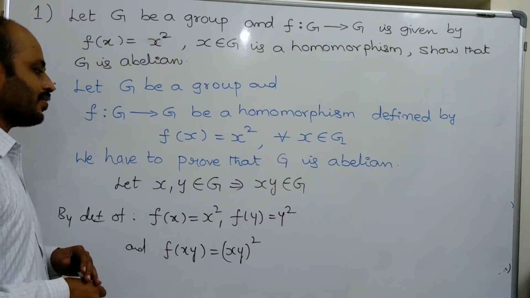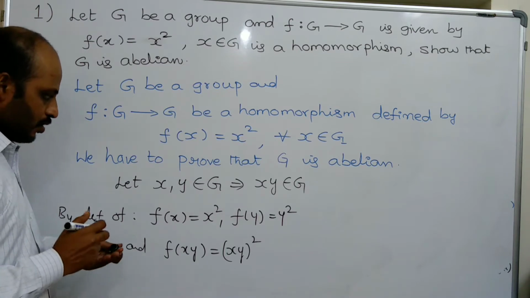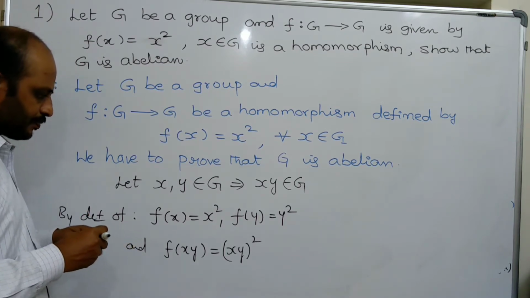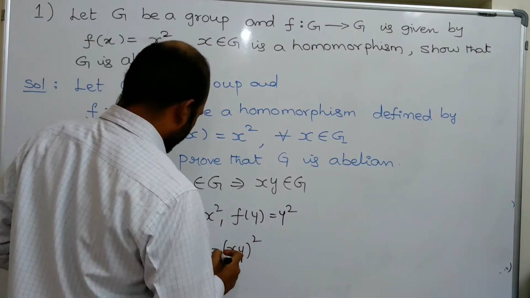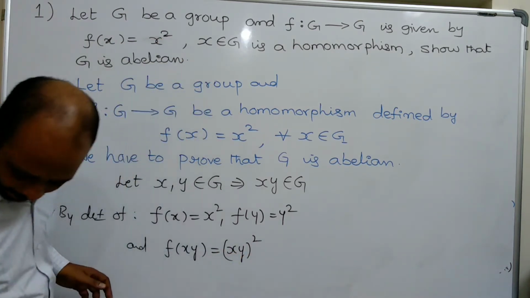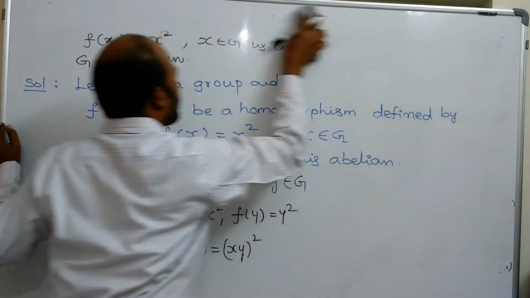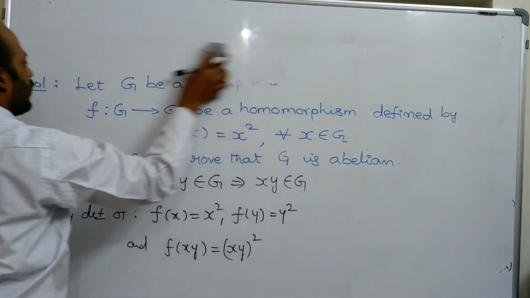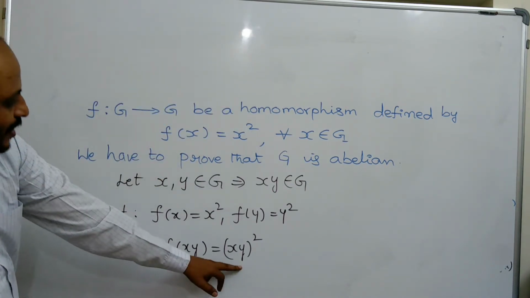Our aim is to show that G is abelian. To prove that G is abelian, you observe that from this condition, f of xy equals xy whole square.